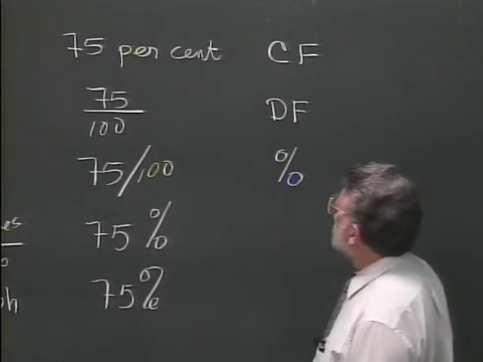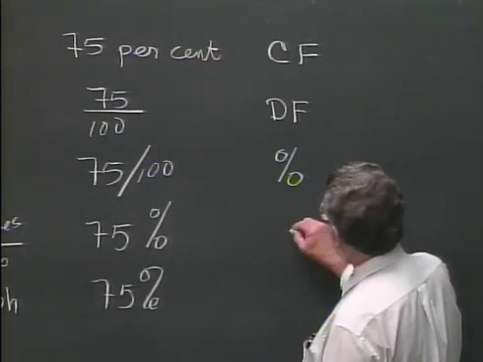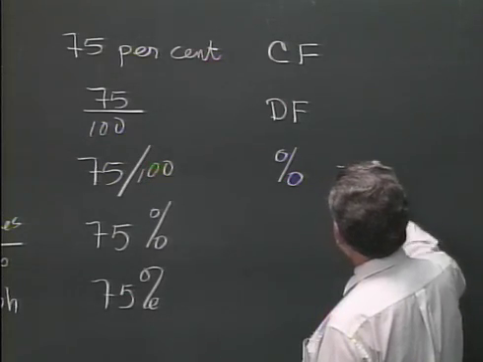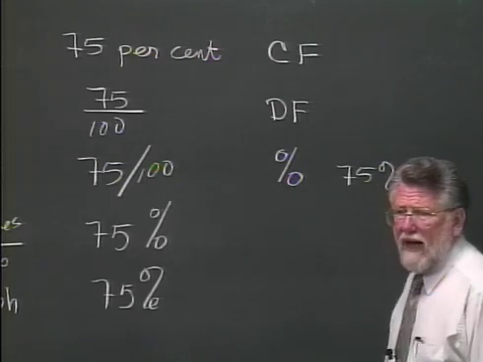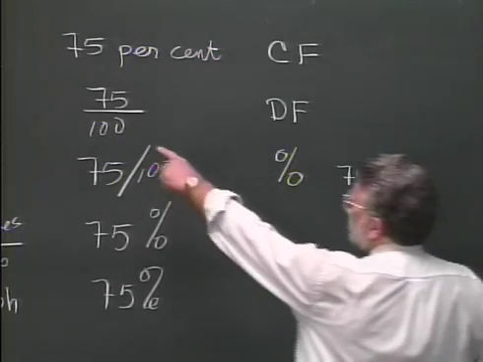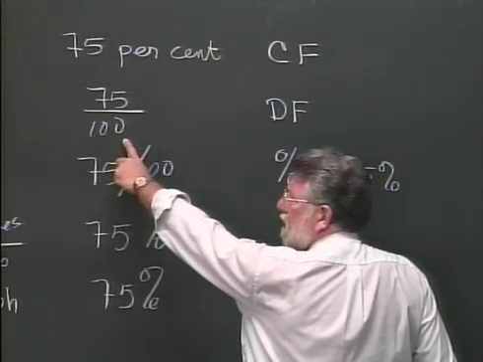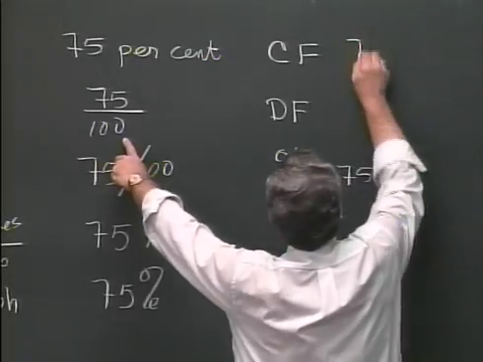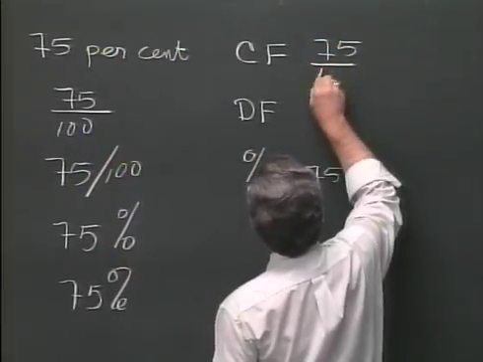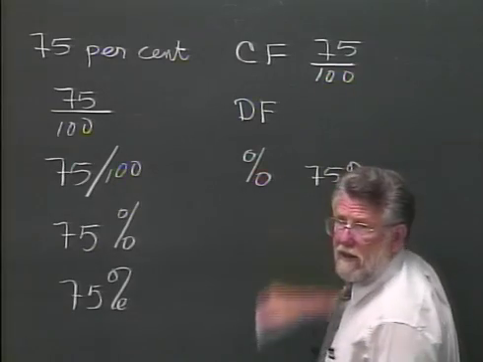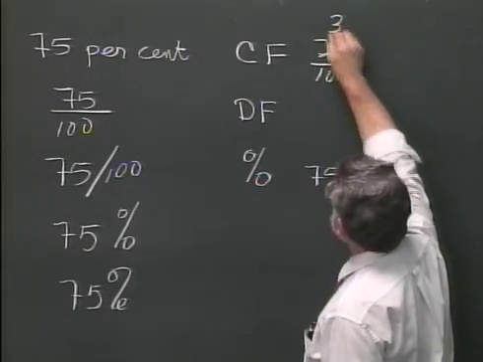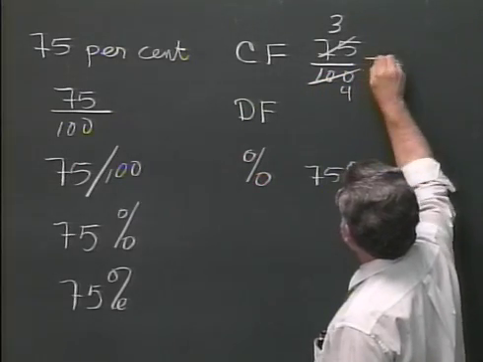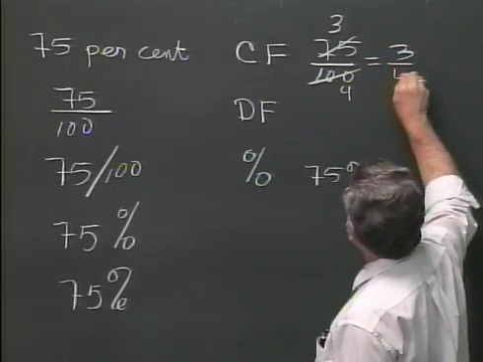So for example, if I start with 75% and I want to write it as a common fraction, we know that 75% means what? 75 over 100, and then I reduce. And the 25 goes into 75 three times, into the 100 four times, and I get 3/4.